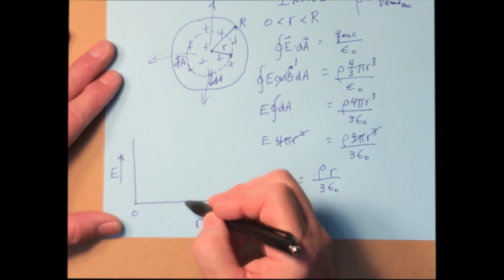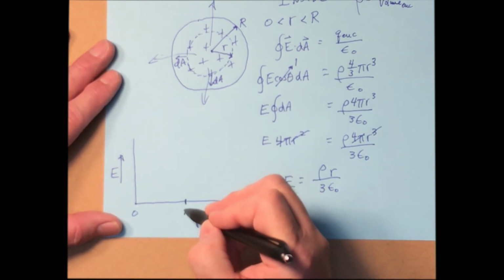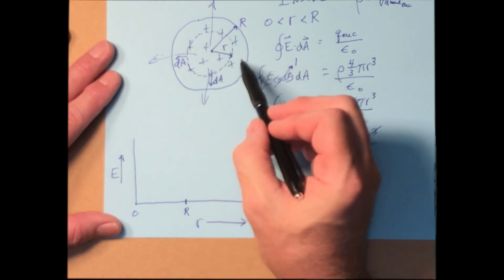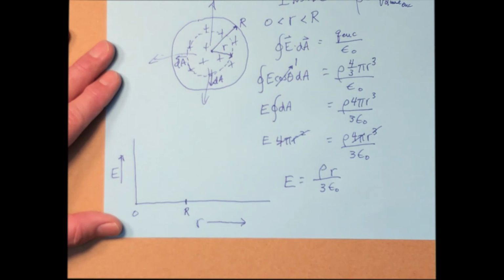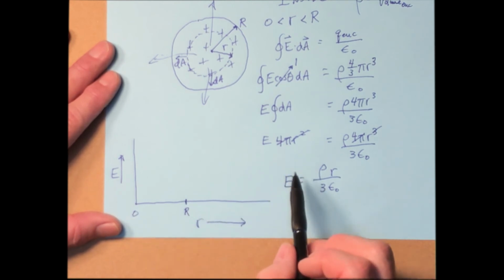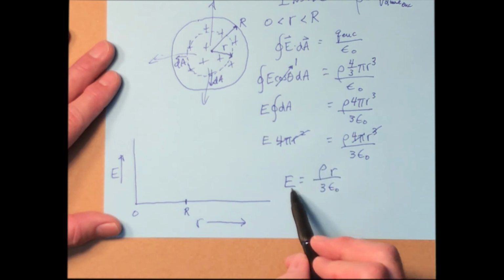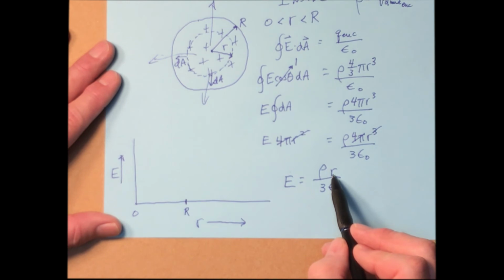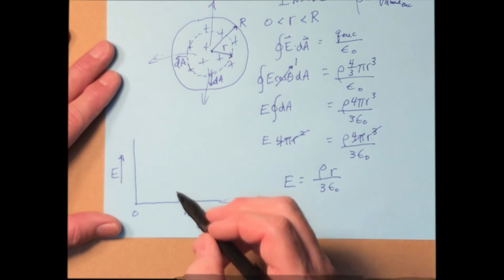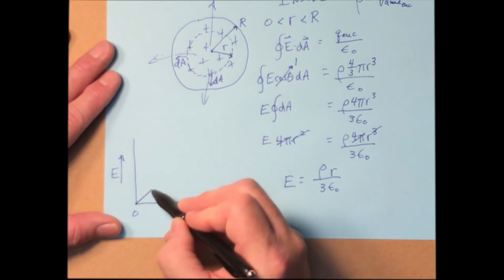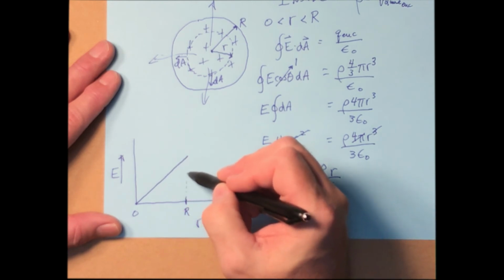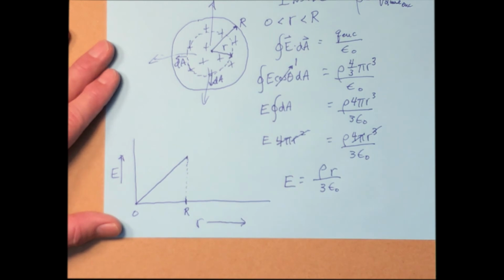And here we have, let's say, the radius big R. That marks the edge of the charge distribution. Well, between 0 and big R, that's on the inside, the electric field increases proportionately to r. So that's a linear relationship with r. So what does that mean? That means the electric field grows linearly, and it's a straight line, up to this point right here.